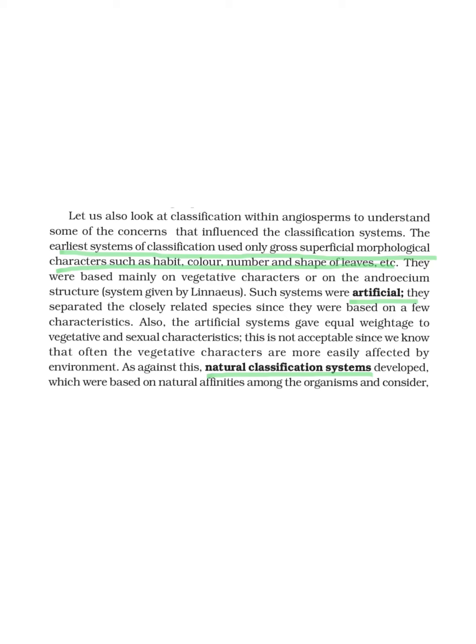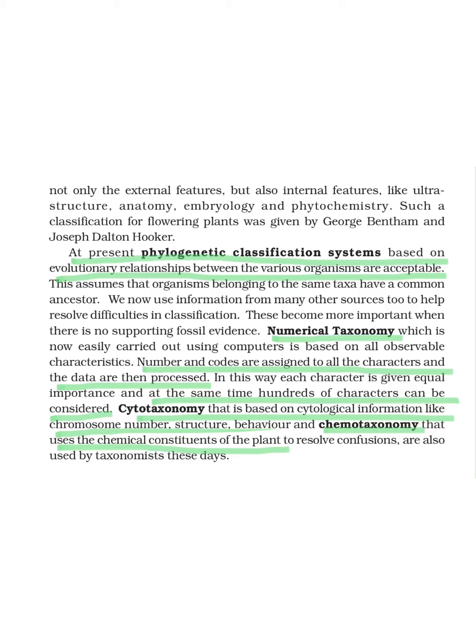As against this, the natural classification system considered not only external features but also internal features, like structure, anatomy, embryological and phytochemistry studies. Even Bentham and Hooker later gave a classification for flowering plants.